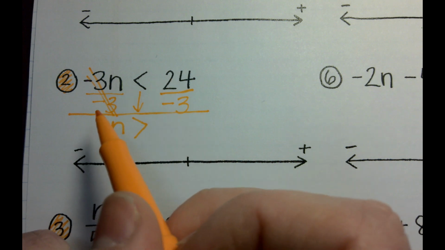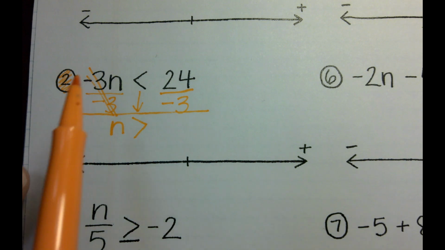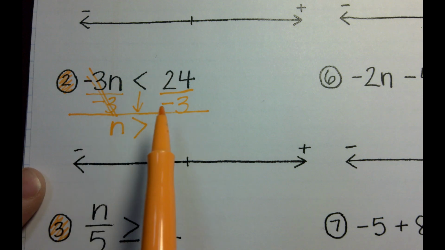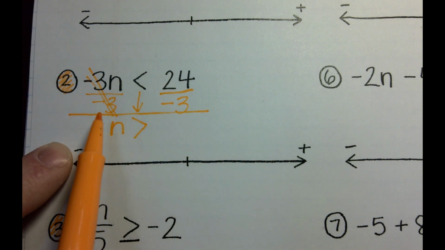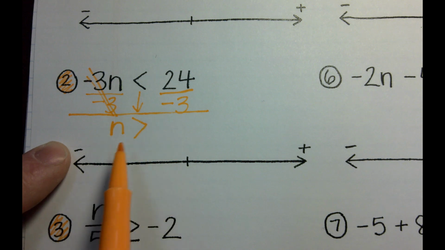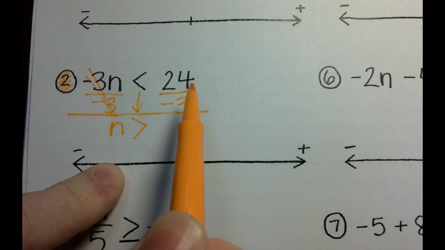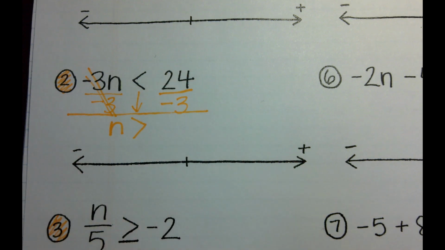I like to think of the word negative as just meaning opposite. Anytime you do something negative, you're doing the opposite of what you would normally do. So instead of keeping our sign the way it was, since we divided by negative 3, we flip it to greater than. So I have n is greater than, what is 24 divided by negative 3?